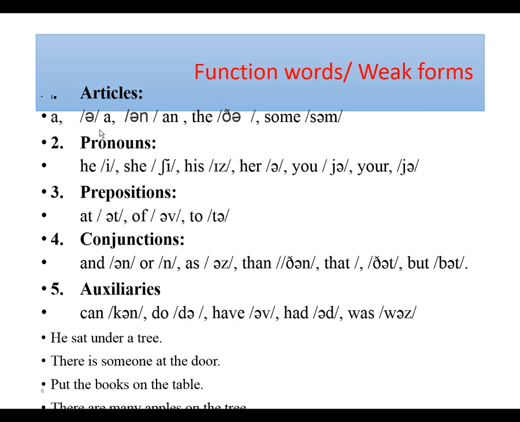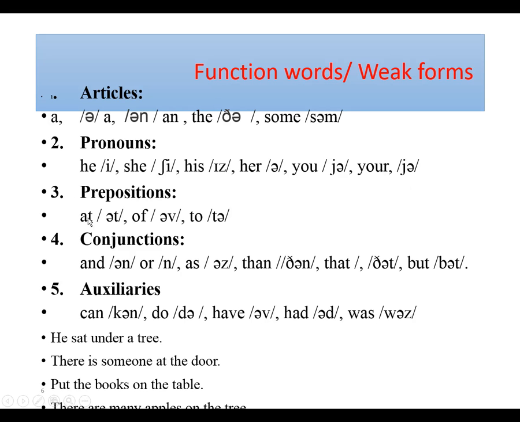For example, the indefinite and definite articles are said as schwa: a, an, the, some, schwas, and so on. Pronouns: he becomes 'e', she, his, we delete the h, her, we delete the h, you and your also, we transcribe them with schwa, and we say them with the least amount of energy.